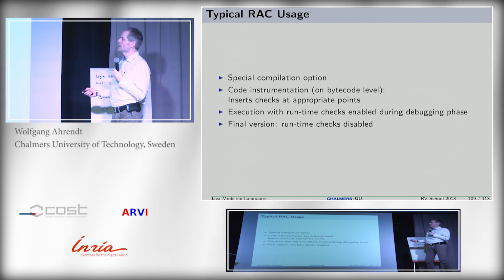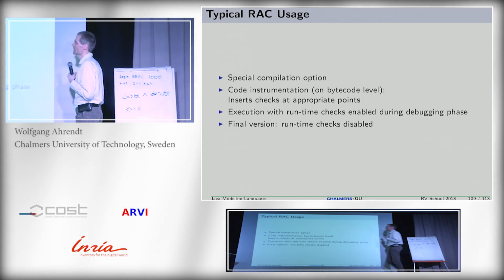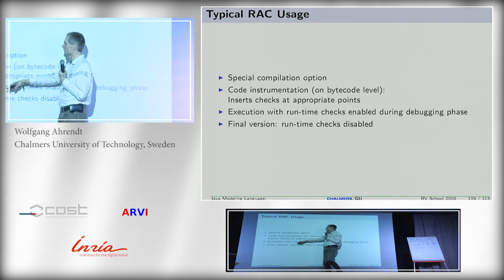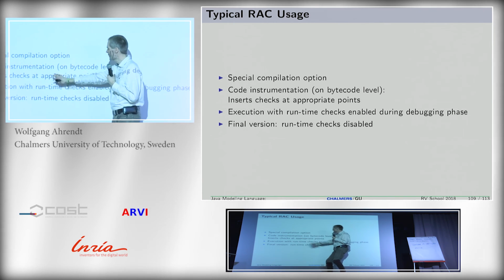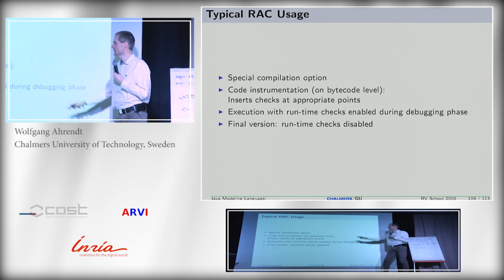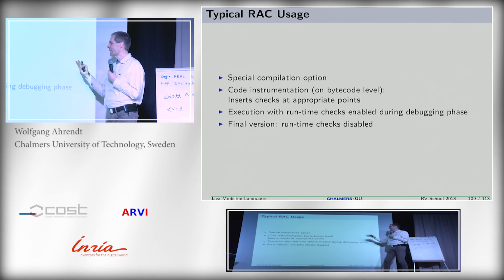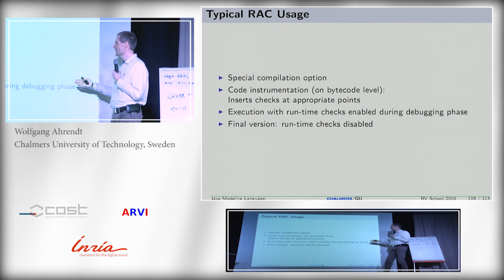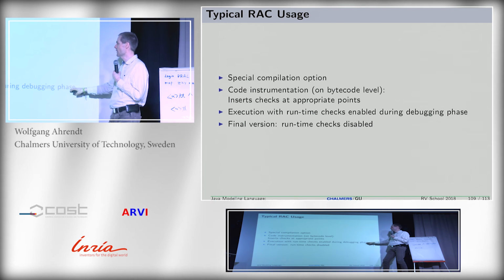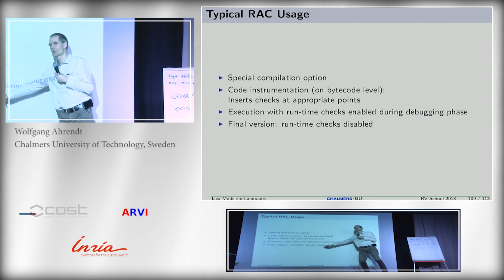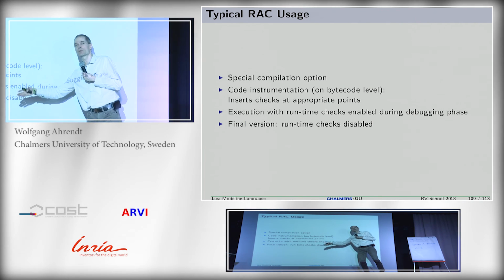So a more typical runtime assertion checking usage is: you have a special compilation option, code instrumentation on the bytecode level, which inserts checks there. Execution with runtime checks is enabled in the debugging phase, but often not enabled in the deployment phase.